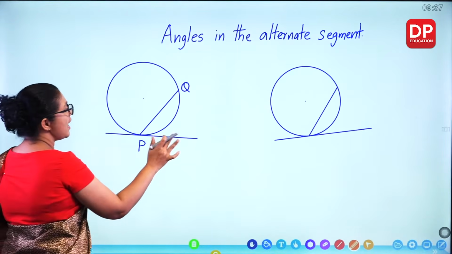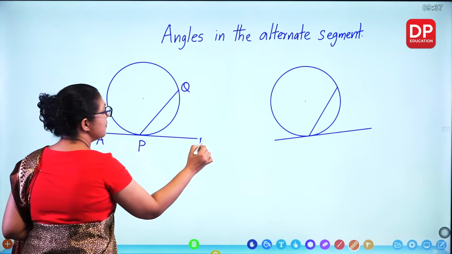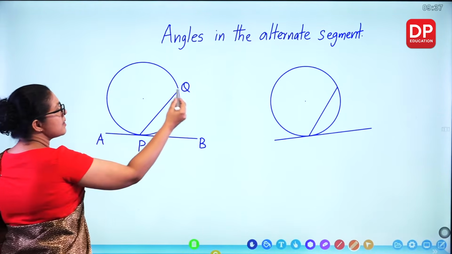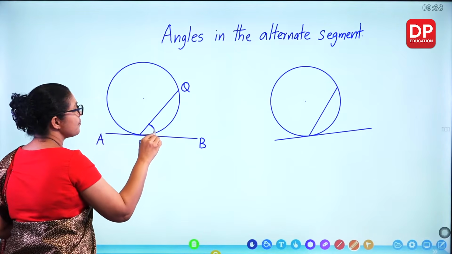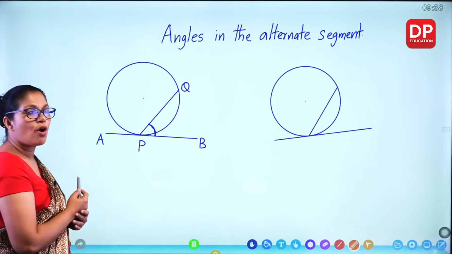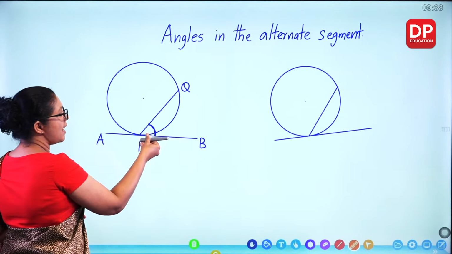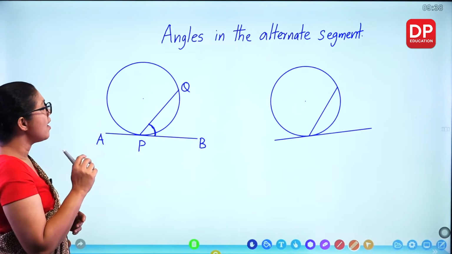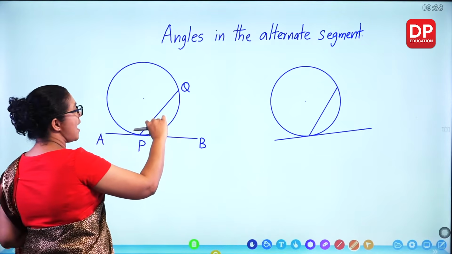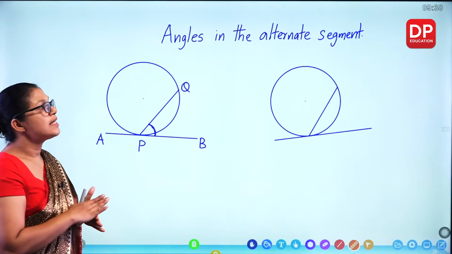So if the tangent is AB, take this angle, QPB angle. What do you call that? The angle in between the tangent and the chord.